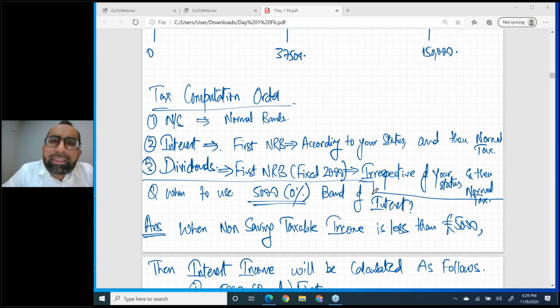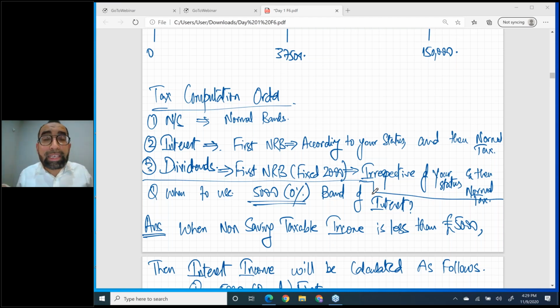Now in normal circumstances, how do we calculate interest income tax? Listen, for interest income, always use NRB first, and interest NRB is given according to the status of the taxpayer. If the taxpayer is a basic rate taxpayer, then interest NRB is 1,000. I hope you remember.